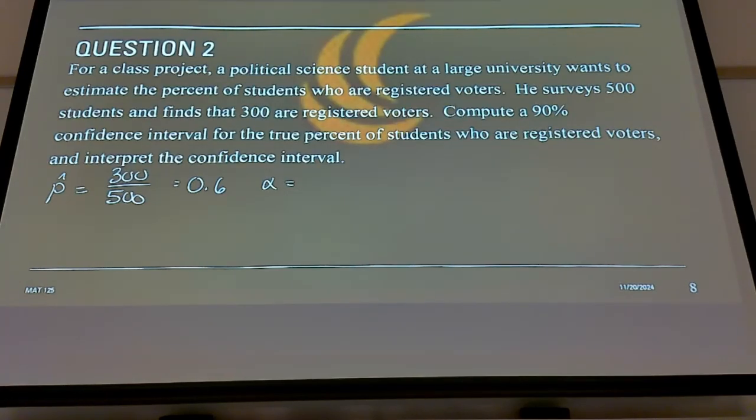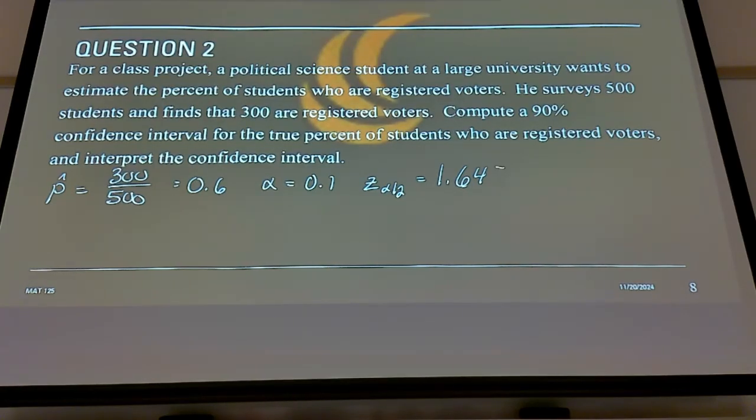That's Z. I don't want Z yet. What is alpha? It's 0.1. 90% confidence, so we have a 10% significance level, which is, yes, a critical value of 1.645.